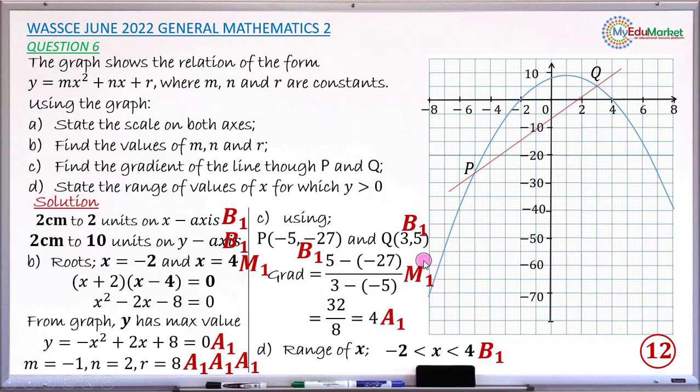When you now have the gradient exactly equal to 4, you have this accuracy 1 mark. And finally, for the range of values of x for which y is greater than 0, when you now have minus 2 less than x and x less than 4, you have this bonus 1 mark. So in total, this question number 6 has 12 good marks if everything is correct.